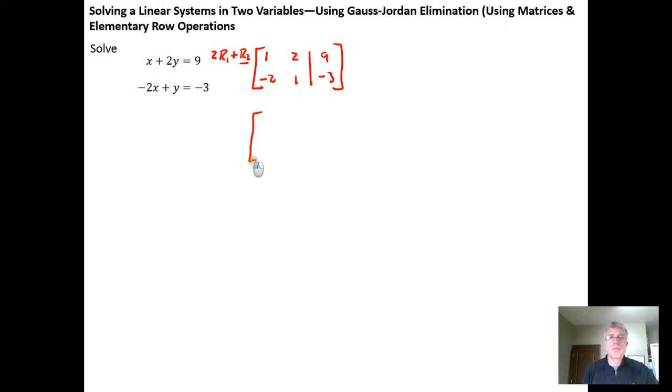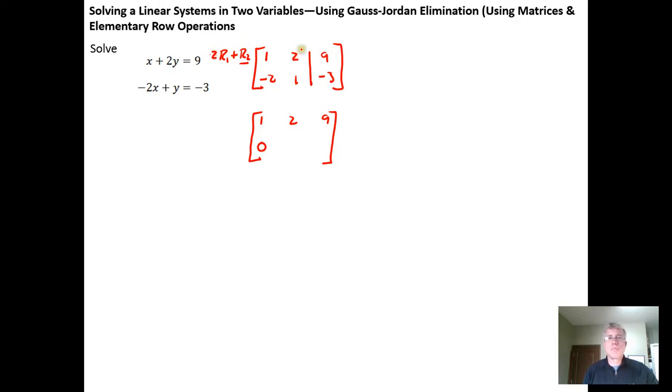So I'm going to step down. I'm not doing any manipulation to the first row, so I know it's going to stay the same. And I know I'm choosing this manipulation to get a 0 into this position. 2 times 1 plus negative 2 is 0. I need a 0 in this column underneath this leading 1, or I won't have the correct form, reduced row echelon form. Now I need to go through and do the same manipulation to each of the other entries.